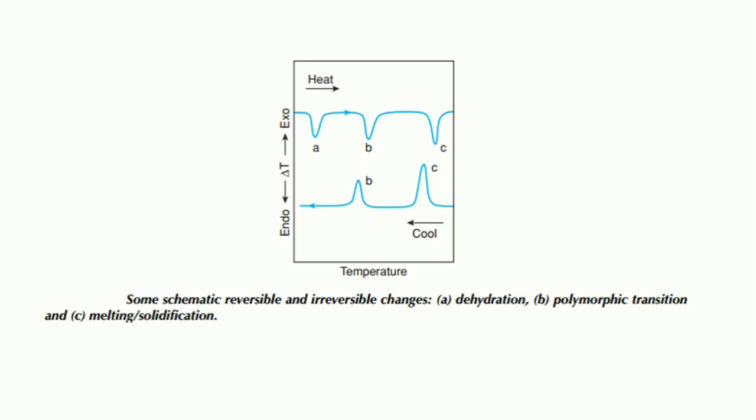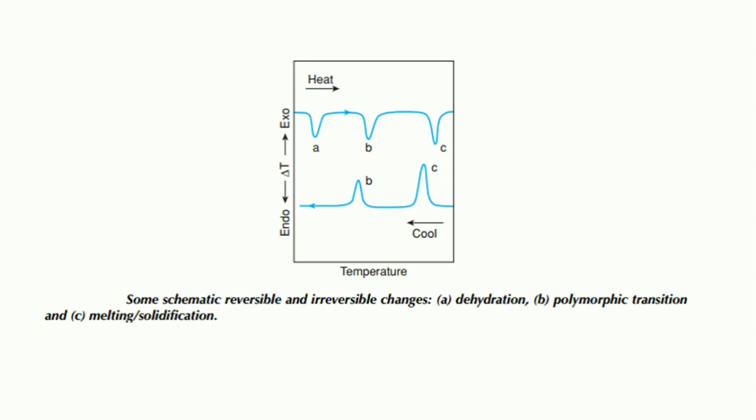Finally, the sample melts, giving a third endotherm shown as C. On cooling, the melt crystallizes as shown by an exothermic C. The polymorphic change also occurs exothermically, B, but rehydration does not occur. This diagram therefore shows two reversible and one irreversible processes.